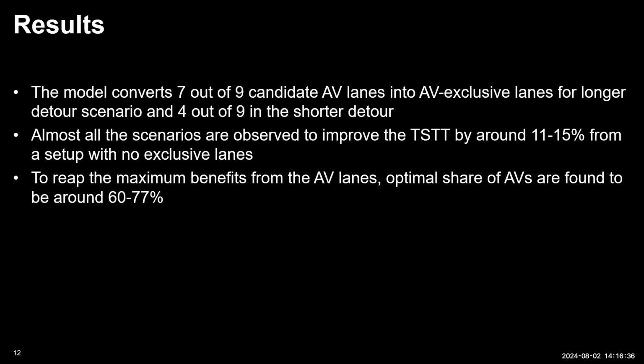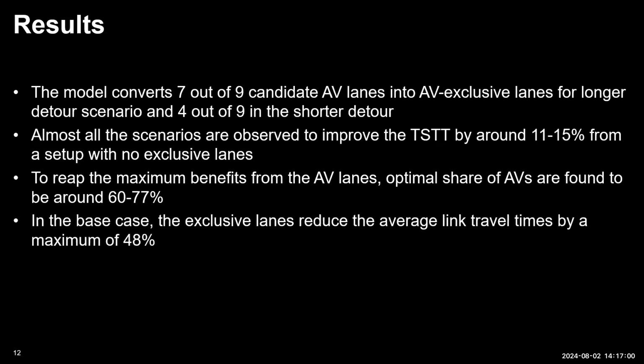But to get the maximum benefits from the AV lanes, the optimum share of the AVs has to be around 60 to 77%. That was kind of a tricky thing. If you have only 10 or 15%, it is not feasible to allocate any lane for these AVs. So the overall idea was how we can model both types of vehicles in the network with this lane-based approach.